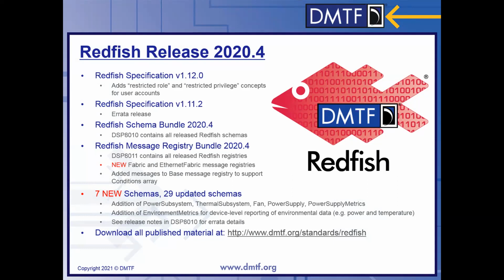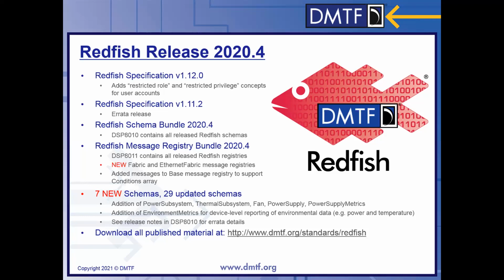The first was just an errata version that added corrections and clarifications to the specification, and so that has been made available as version 1.11.2. And then in addition, Redfish specification version 1.12.0 was a minor revision that added some new capabilities around restricted role and restricted privilege concepts, and we'll talk a little bit about those.